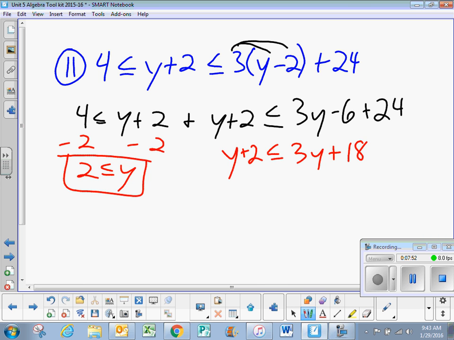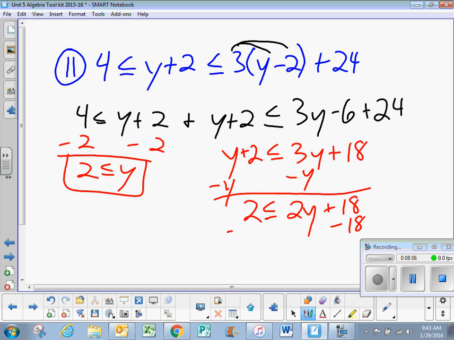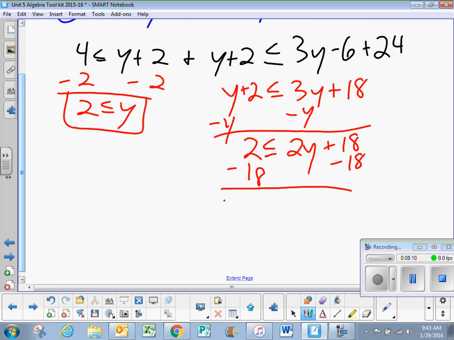And then I'm going to have to get y alone. So if I subtract y to keep y positive, I get 2 is less than or equal to 2y plus 18. And then I subtract 18, and I get negative 16 is less than or equal to 2y. So I divide by 2, and negative 8 is less than or equal to y.